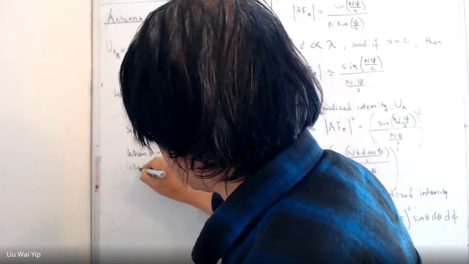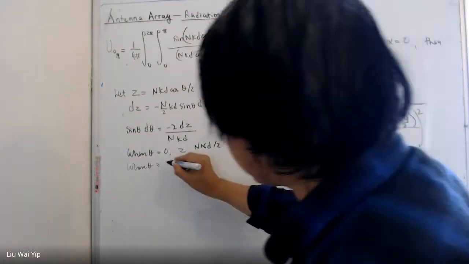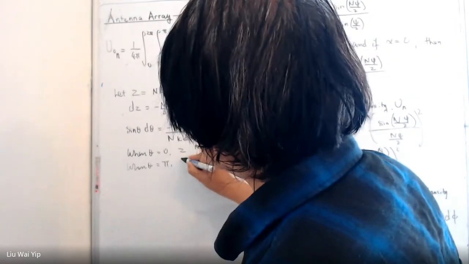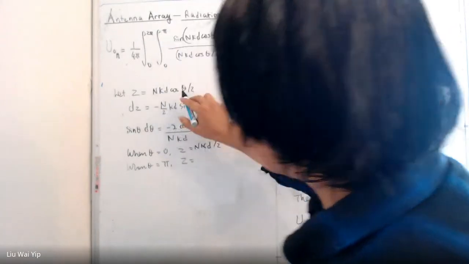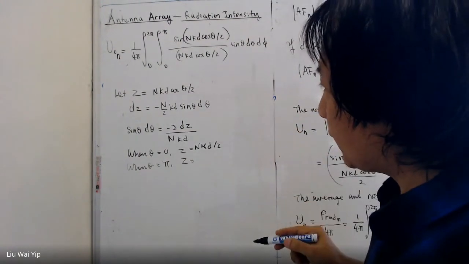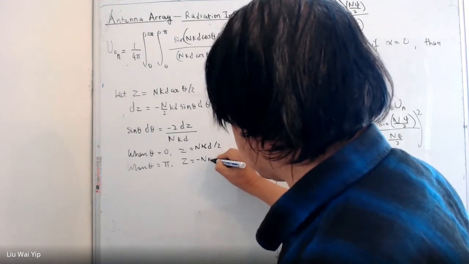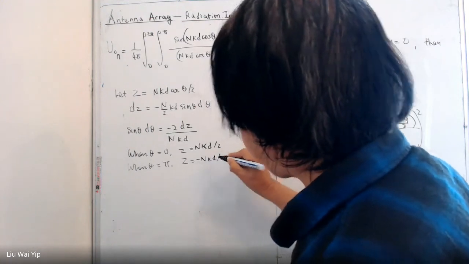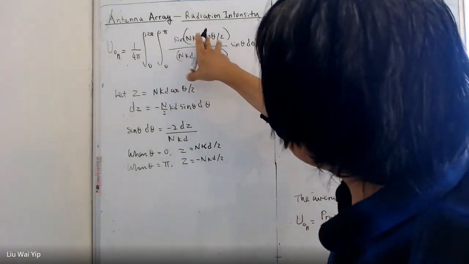When theta is equal to pi, cosine pi is minus 1, so z is going to be minus nkd divided by 2. With this in mind, we can simplify this expression.